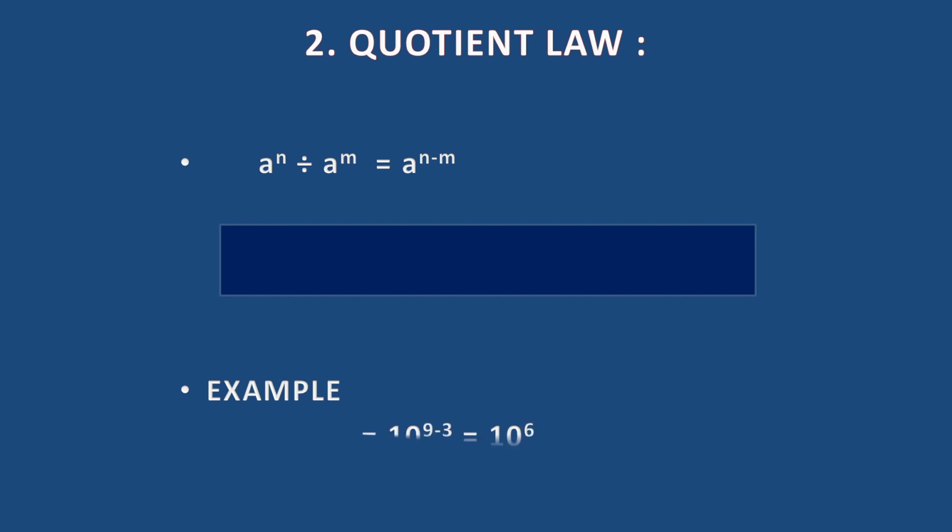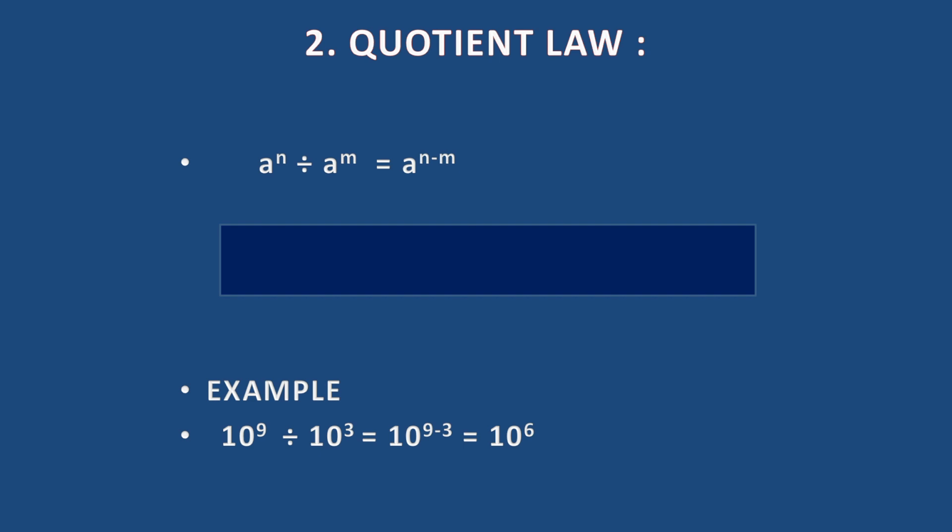Now the quotient law. In the quotient law, when two numbers of the same base are divided, we have to subtract the exponents. For example, 10 raised to the power 9 divided by 10 cube is equal to 10, the same base with no change, and 9 minus 3 as the exponent.